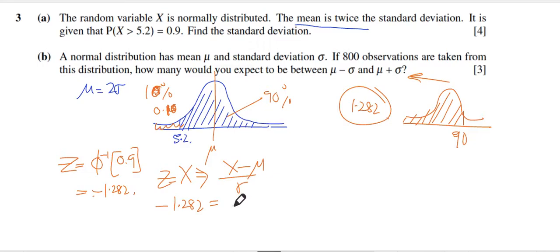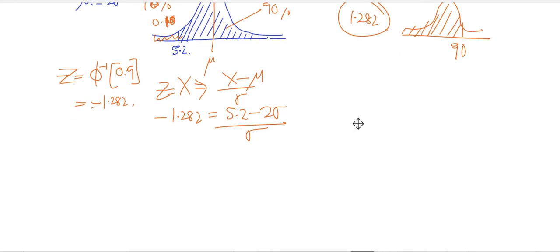In this case, x is 5.2 minus your mean, which is mu, but mu is 2 standard deviations, over standard deviation. Now using this formula, we find that negative 1.282 sigma equals 5.2 minus 2 sigma.